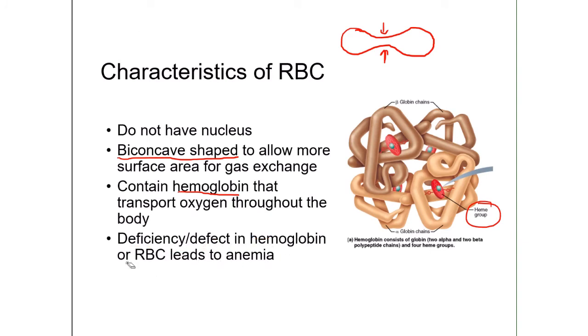You can have an RBC problem. If you are suffering from excessive bleeding due to injuries, for example, then you might have hemorrhagic anemia. That's anemia caused by excessive blood loss. So whether it's a problem with hemoglobin or RBC, if there is a deficiency or a defect in them, then you're going to have some form of anemia.